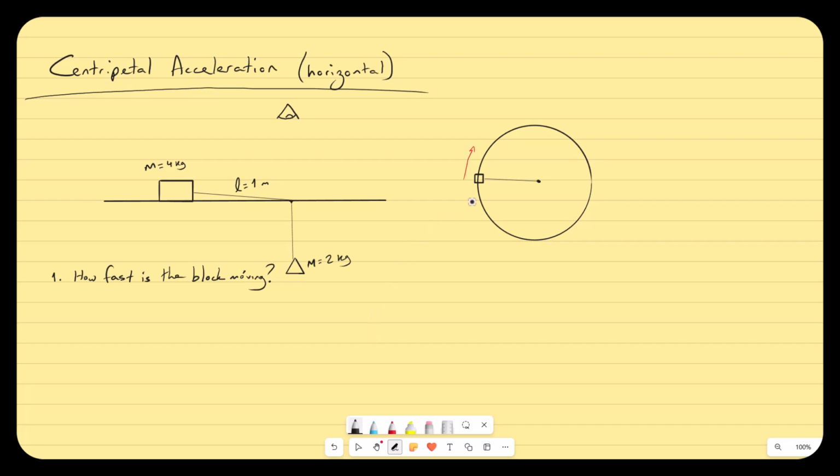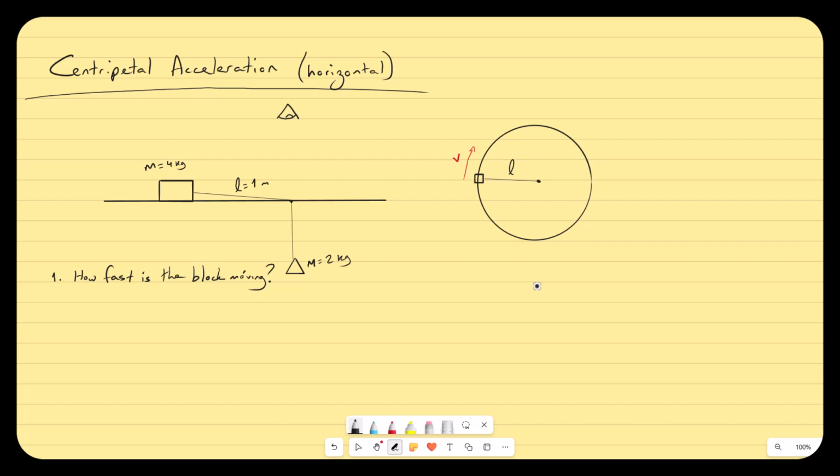Now what I know is that if this block isn't moving at all, if I just set the block there, it's going to slide inward, and that's going to be the whole thing. This block is moving, and if it's moving fast enough, then it's going to be able to maintain moving in a circle at a constant speed without falling down.